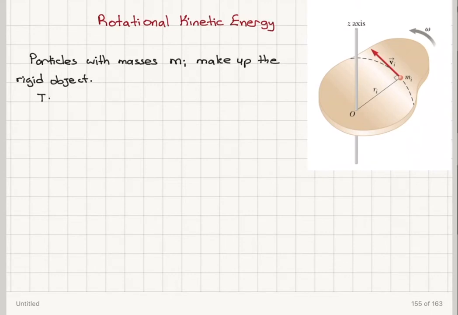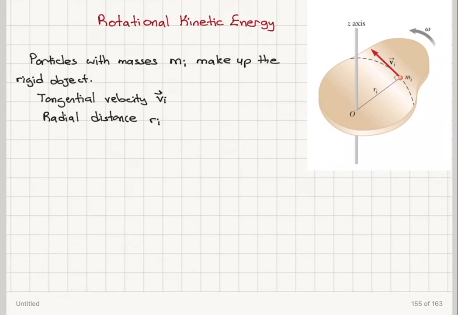There is a tangential velocity v sub I, and there is the radial distance r sub I to the rotation axis.